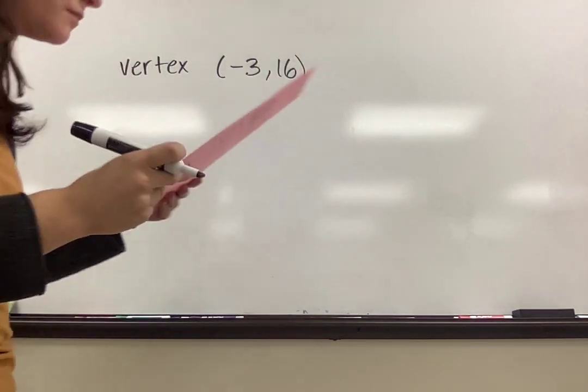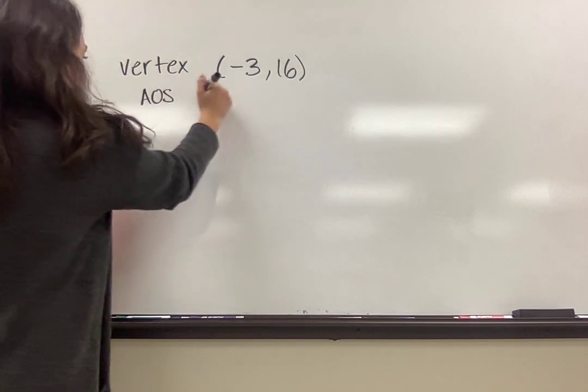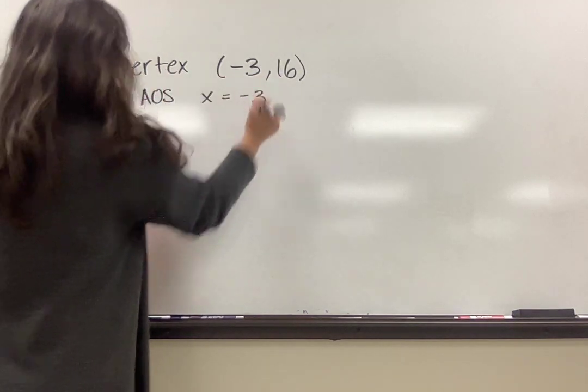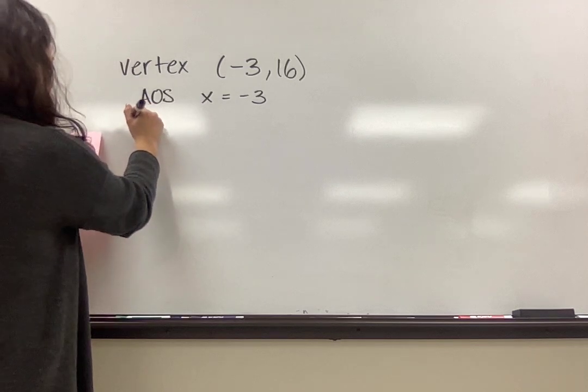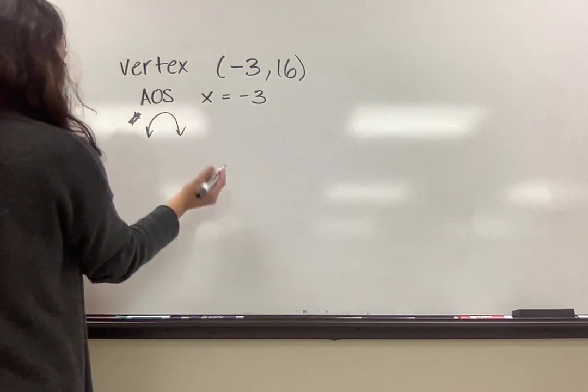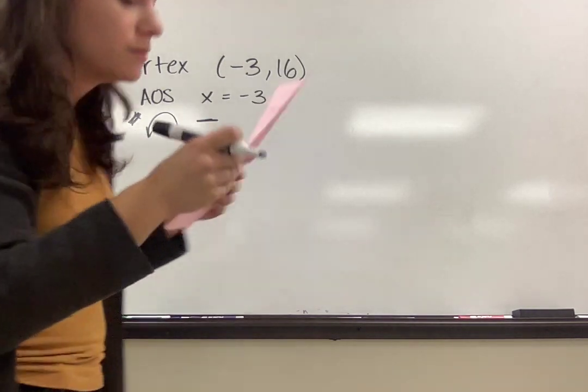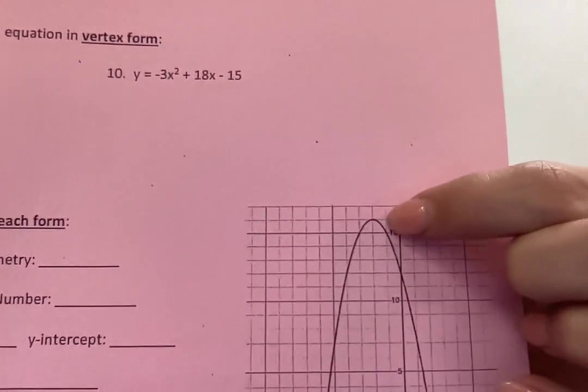My line of symmetry then, or my axis of symmetry, is x equals negative 3. I'm facing down, so my stretch has to be negative. My stretch number: when I go over 1, I go down 1.